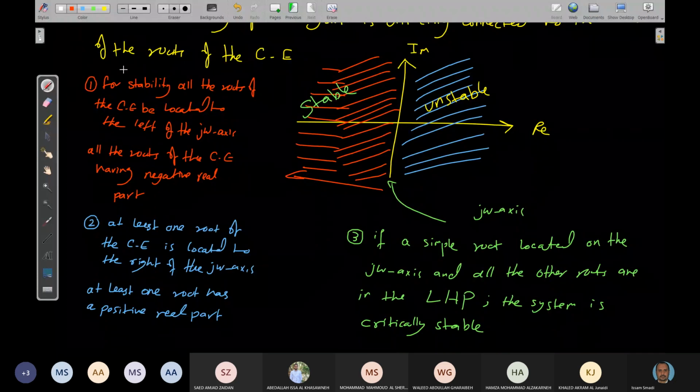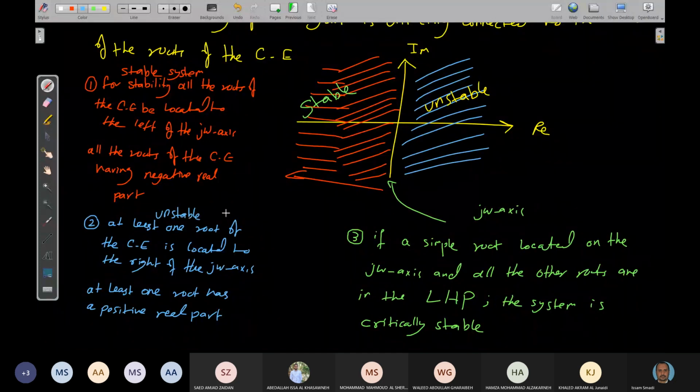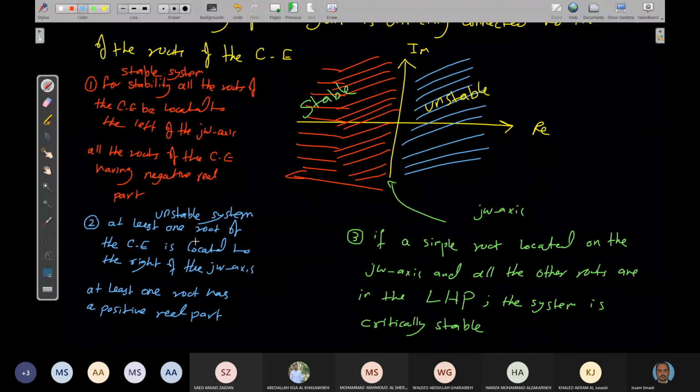So this one is for a stable system, and this one is for an unstable system. And those are necessary and sufficient conditions for stability.